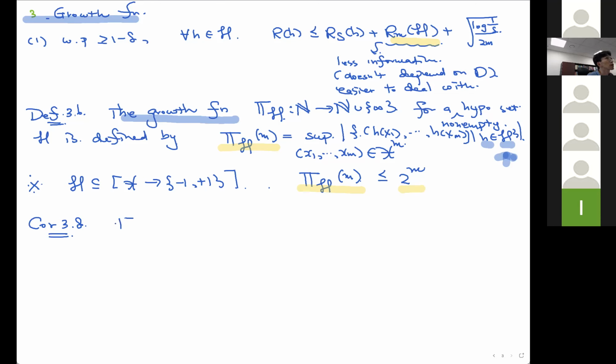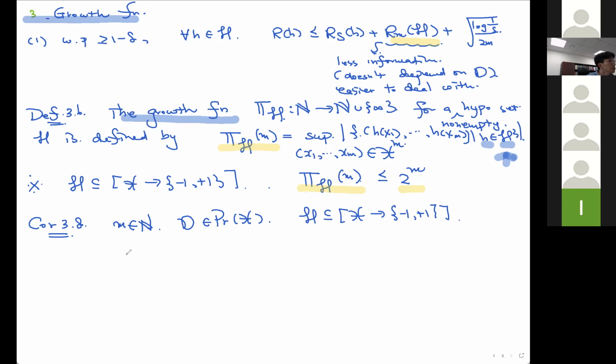So if you pick M and also any distribution on the input, so that we can talk about Rademacher complexity. This is a setup where our hypothesis set outputs values in -1 and +1.